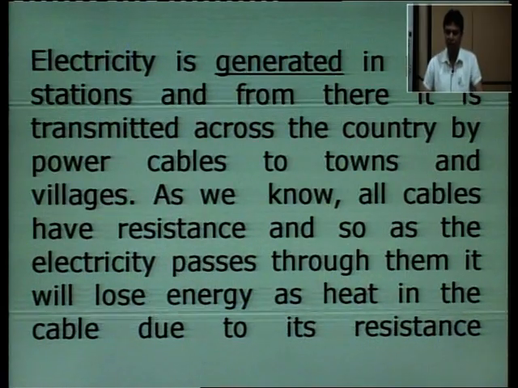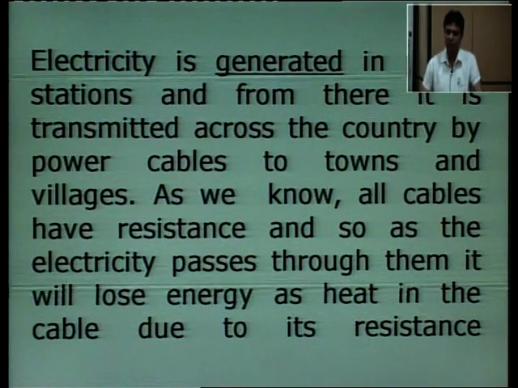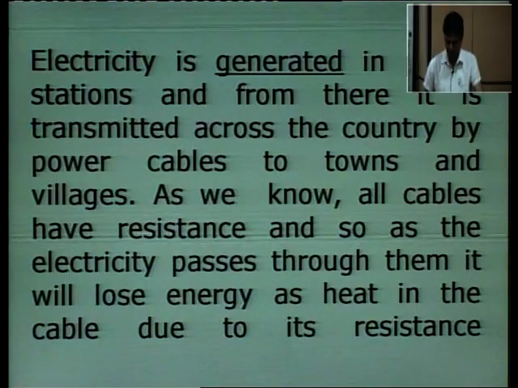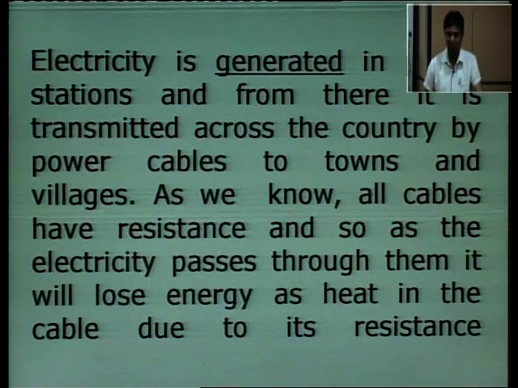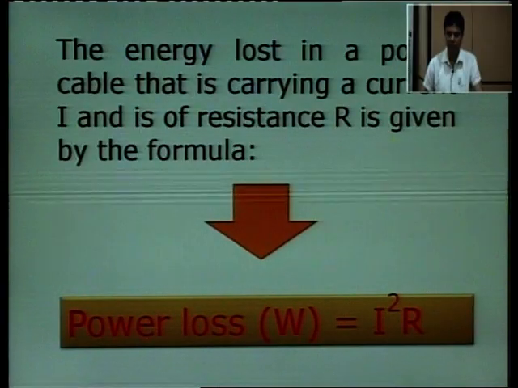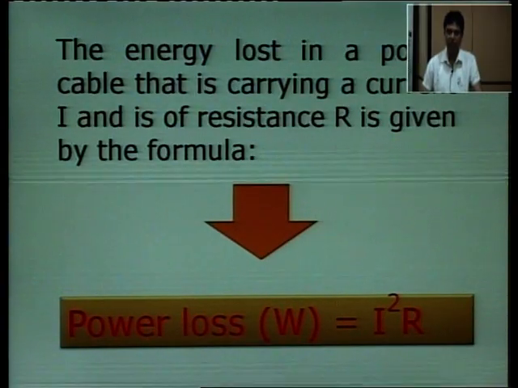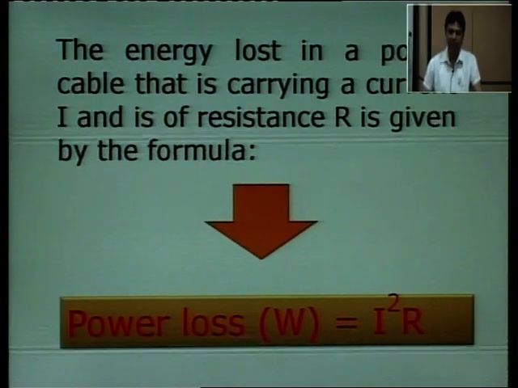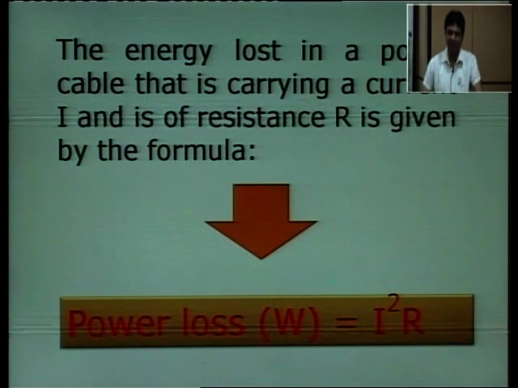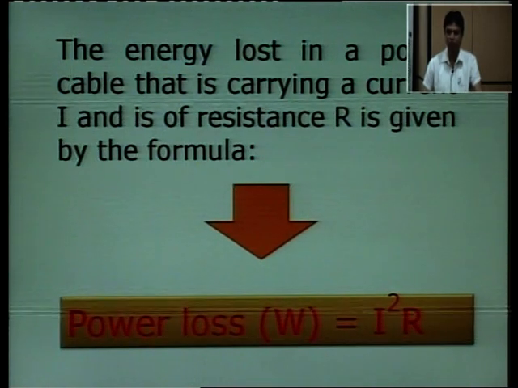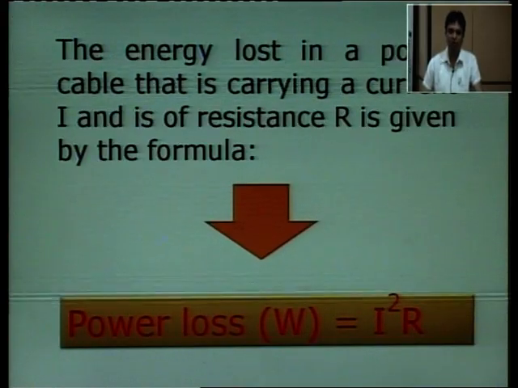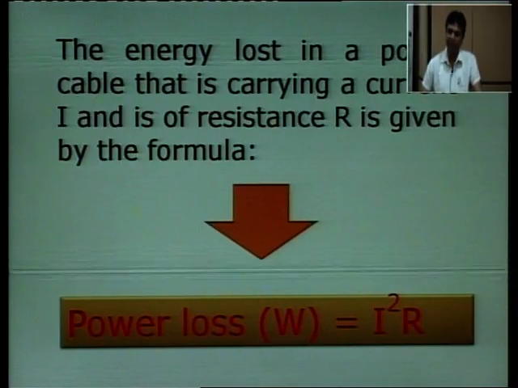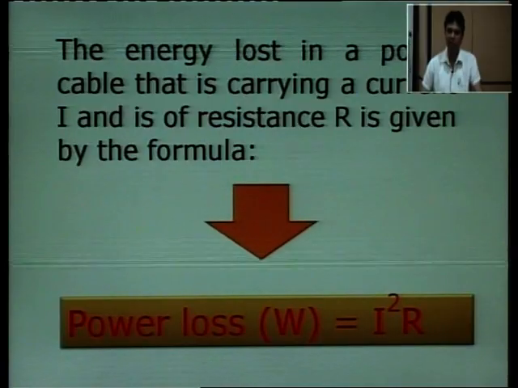So that is why resistance must be very low, otherwise heat will be produced that will reduce the efficiency of the transmission lines or conductors. So, the energy lost in a power cable that is carrying a current I and is of resistance R is given by this formula. As we know, power loss due to heat is given by the square of current and resistance of the material used.